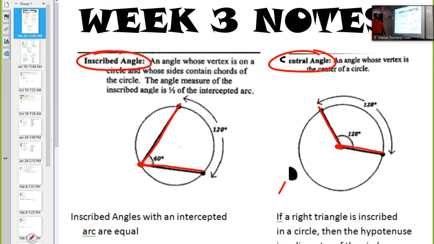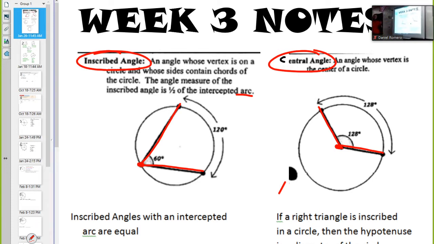When we talk about part of a circle, what do we call the entire distance around the circle? We call it the entire outside of the circle. So if we talk about part of a circle, that's called an arc.